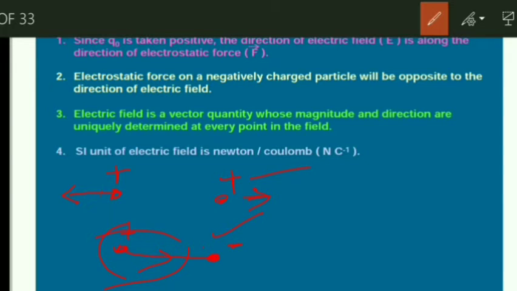So this is direction of force and electric field will be opposite to the direction of electrostatic force.